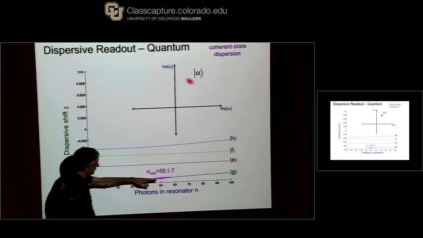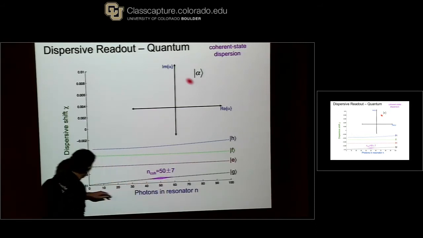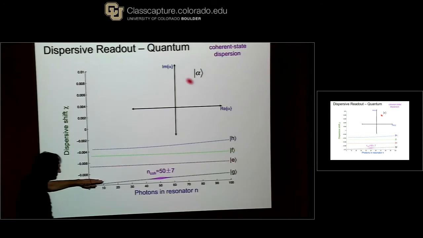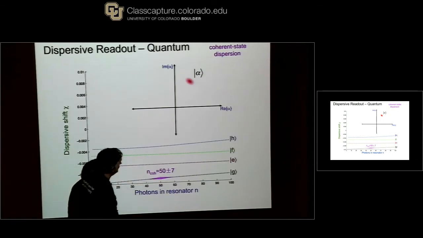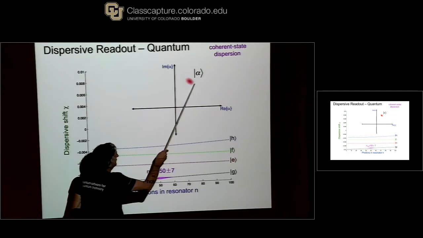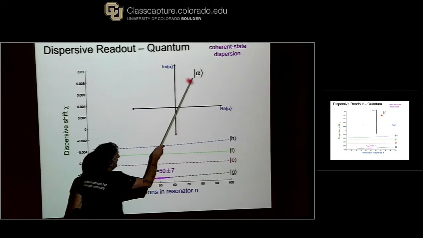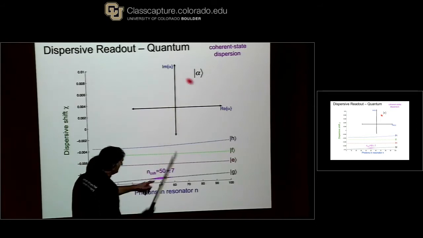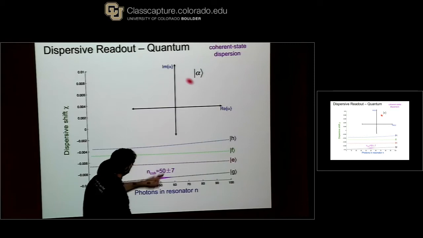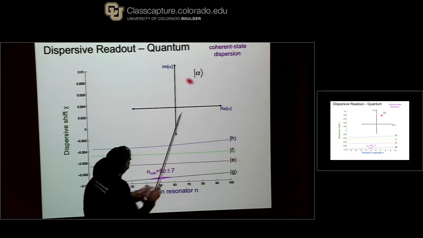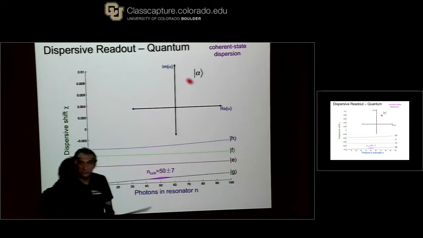But you see over that 50 plus or minus 7, the dispersion is more or less constant, so you can more or less think of this as a coherent state dispersed by that. But because the dispersion in this direction of the resonator is a little bit different from this photon number to this photon number, you don't exactly have a coherent state anymore.